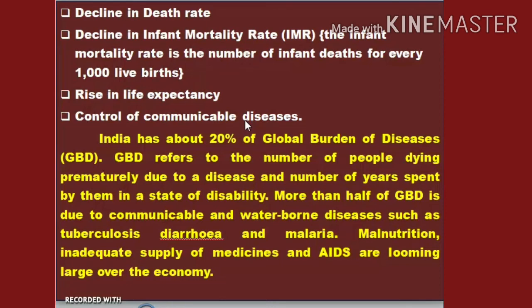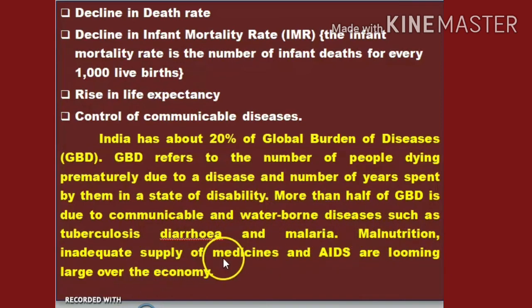So next is one of the important aspects, that is global burden of diseases. India has about 20% of global burden of diseases, GBD. GBD refers to the number of people dying prematurely due to a disease, and number of years spent by them in a state of disability. More than half of GBD is due to communicable and waterborne diseases such as tuberculosis, diarrhea, and malaria.